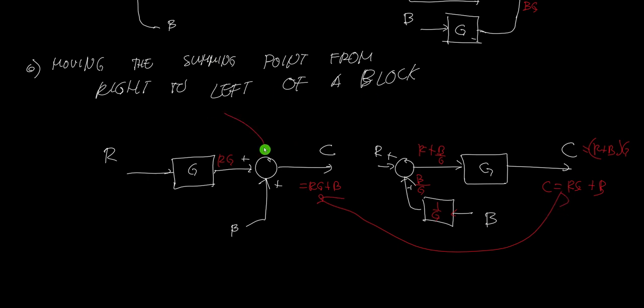So this one is moving from left to right. So you just need to include a transfer function that is equal to 1 over G, so that your output is still the same.